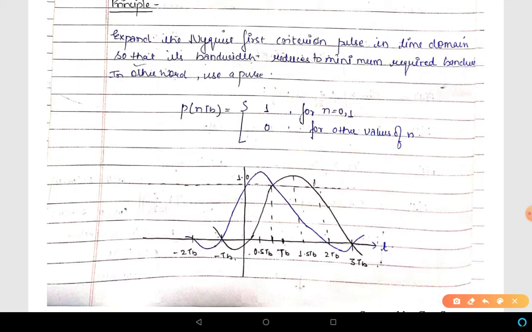Now in this case, if I expand the time domain, then it will cause the frequency domain to compress. This is the working principle of Nyquist second criteria.